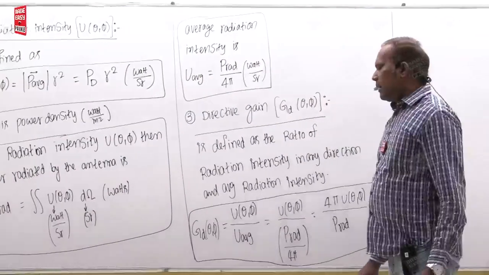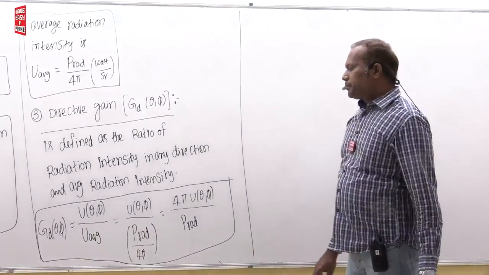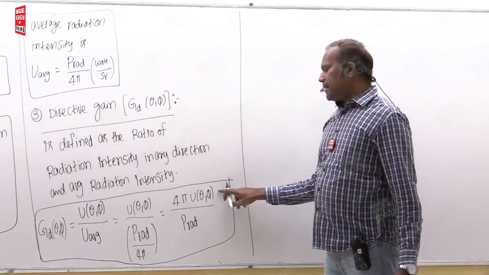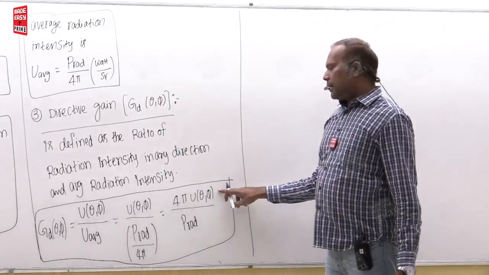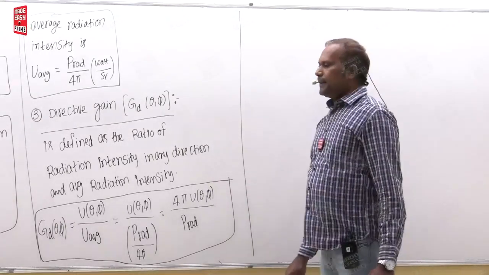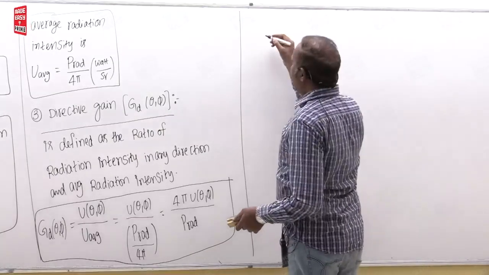So in this way, dear students, directive gain tells you how much radiation intensity is there in a particular direction divided by the average radiation intensity. So this gives directive gain.